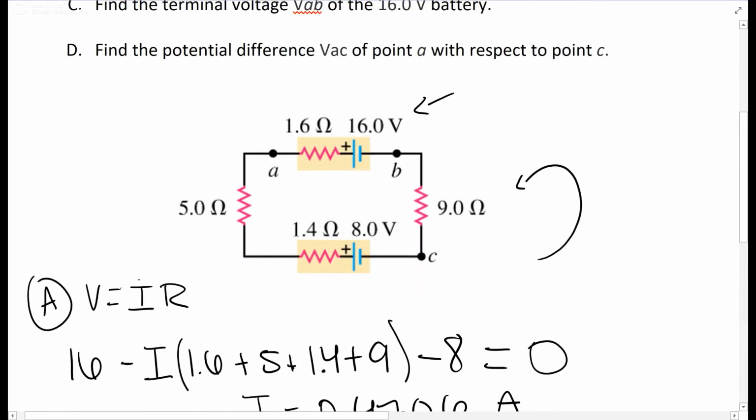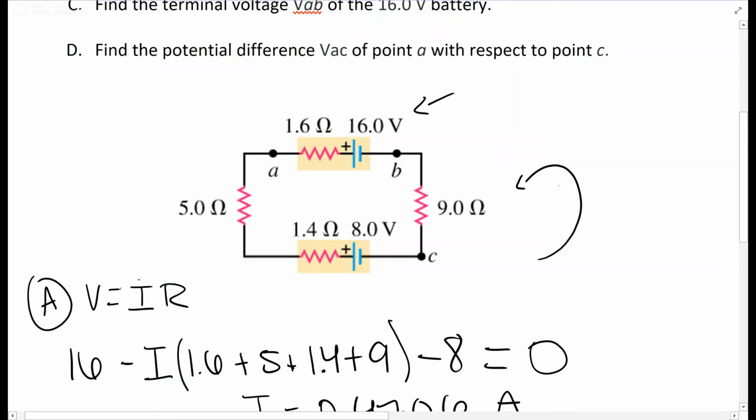So AB, you can see that's going B to A. This is in the direction counterclockwise. However, AC, if we're going clockwise, that's one thing. Not clockwise, but the direction of our motion.